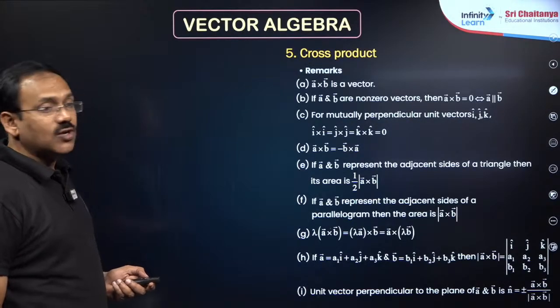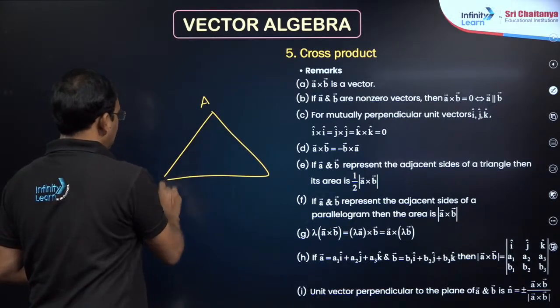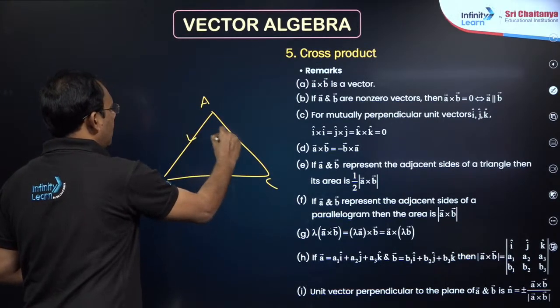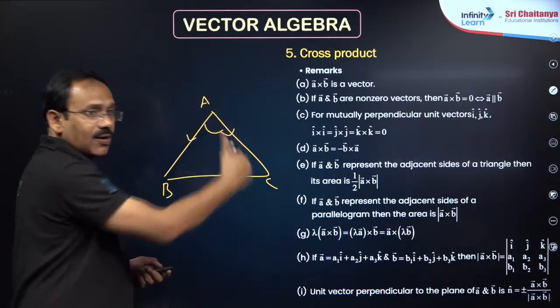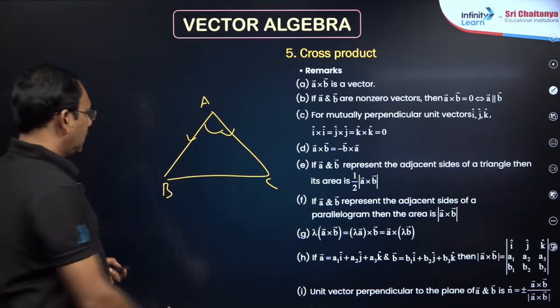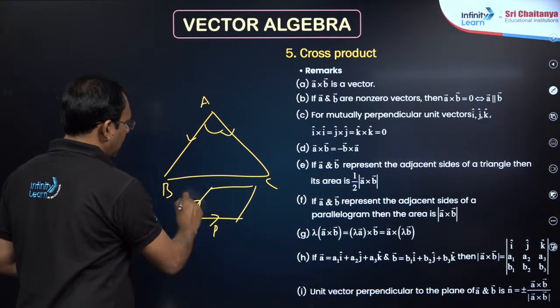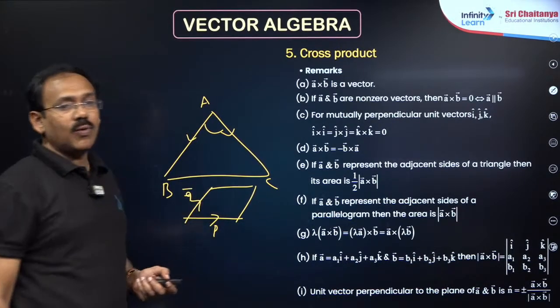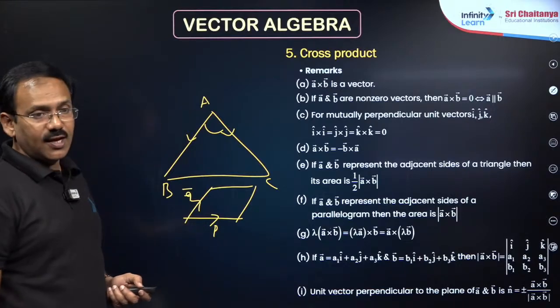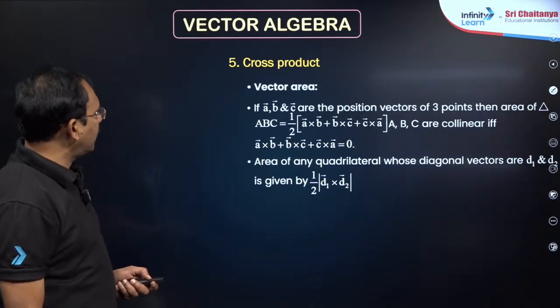Vector area of a triangle ABC is half AB bar cross AC bar. AB bar cross AC bar will give you vector area. Parallelogram area also, if this is P bar Q bar, P bar cross Q bar magnitude will give you the area of this, right. Then box cross product is fine.